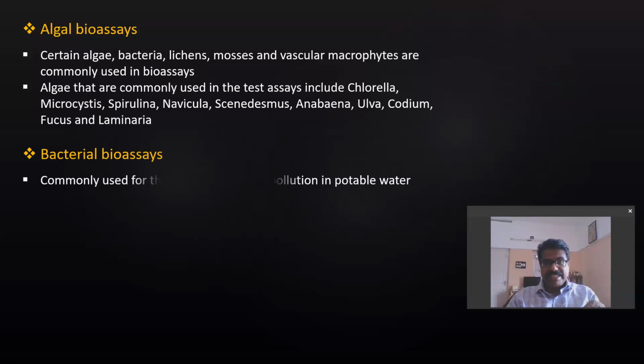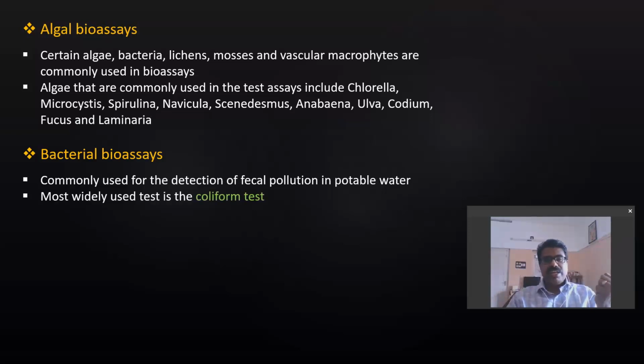And coming to bacterial bioassays, usually bacterial bioassays are used for water pollution analysis, usually fecal pollution, pollution caused due to fecal emission or fecal contamination. The most common test we use for fecal contamination, or bacterial bioassay, is the coliform test.